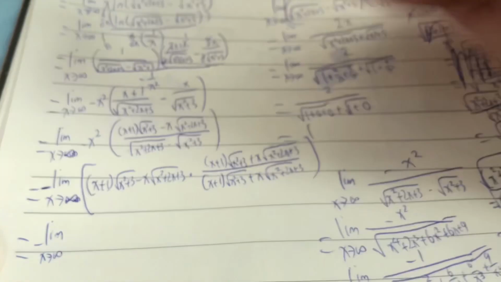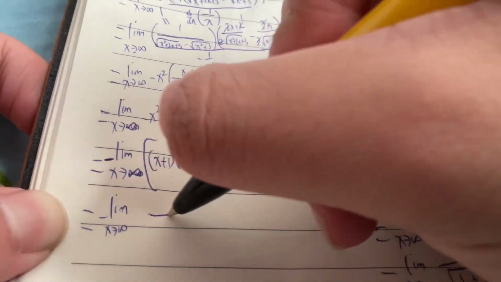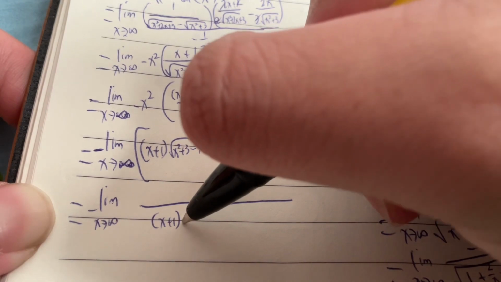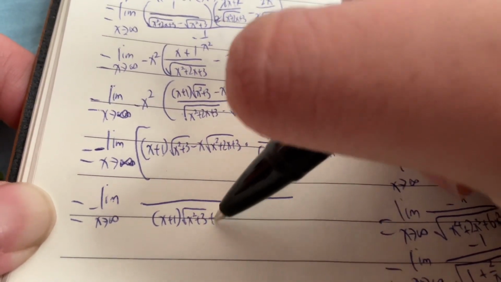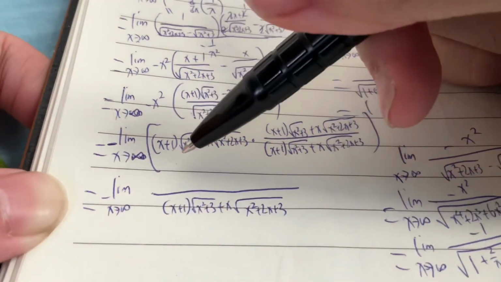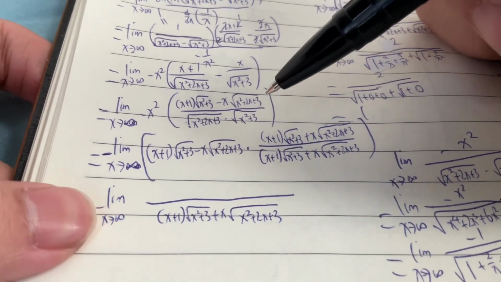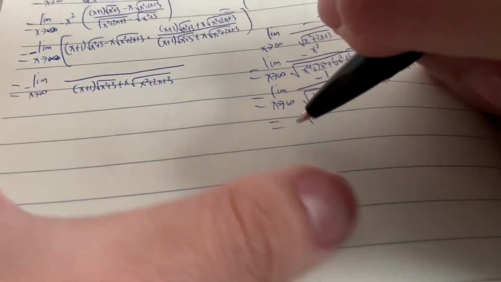So we have a negative sign here. Be careful. Here the denominator, look at the denominator, it stays the same: x squared plus 3 plus x times the square root of x squared plus 2x plus 3. And here, this is a minus b multiplied by a plus b, so we can guess. Let me do some algebra here.